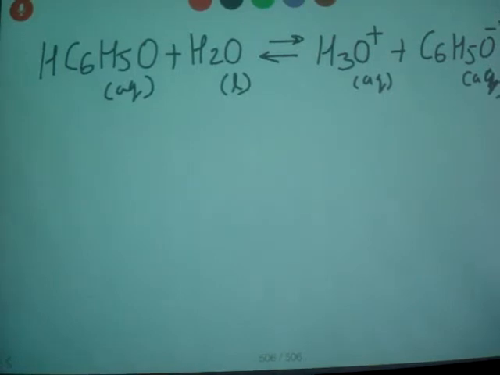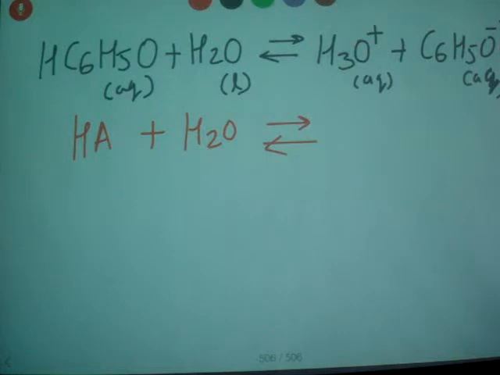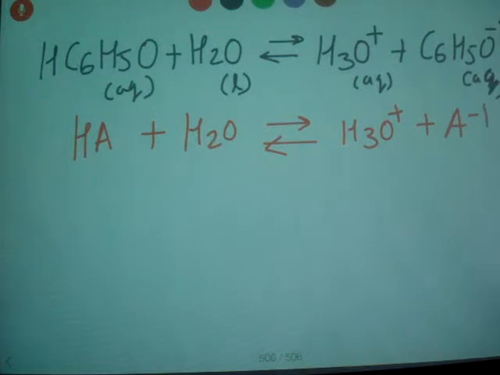Now, when you compare with the generic equation, this is HA, the weak acid. This is water in liquid form. You get H3O plus and A minus 1.